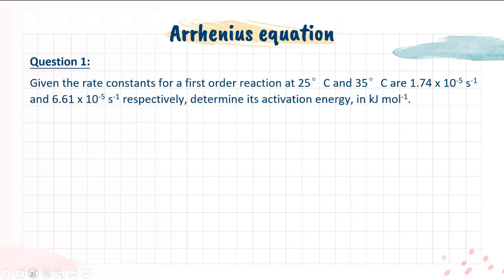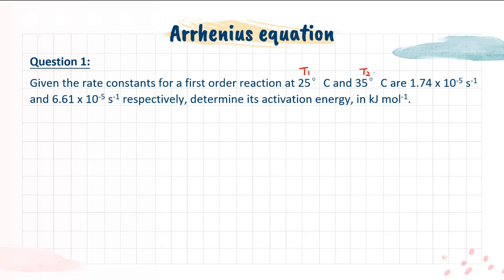Given in the question over here, we have the rate constant for a first order reaction at 25 and 35 degrees Celsius. So you can see we have two temperatures. Let's label this one as T1, this one as T2. You are also given the rate constants.